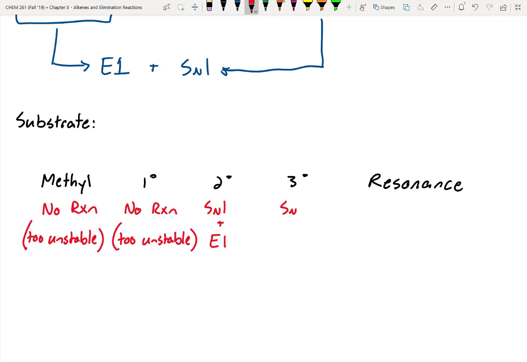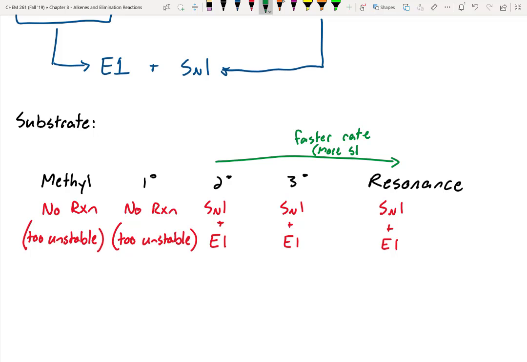Could do both of them. What about with resonance? Which one's better, secondary, tertiary, or resonance? I would say resonance, right? Because the rate limiting step is formation of that carbocation. So this occurs at a faster rate due to the more stable carbocation.